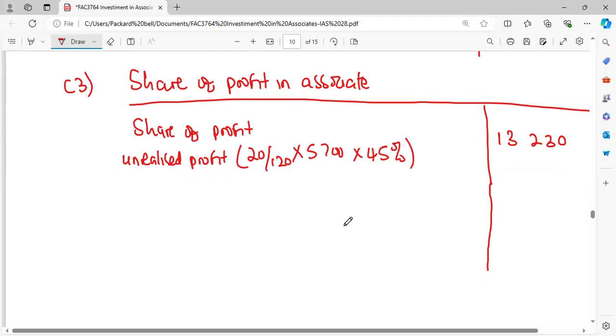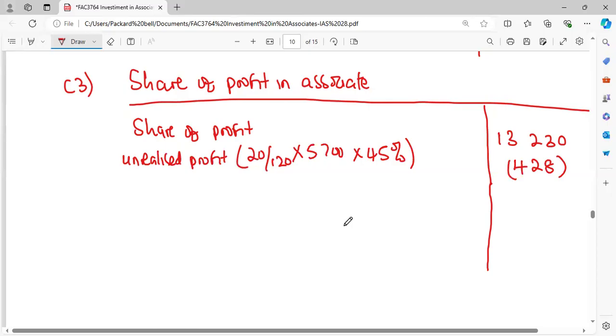How much are we going to have as our unrealized profit there? You can round it to 428, am I right? Yes. So this is our unrealized profit.